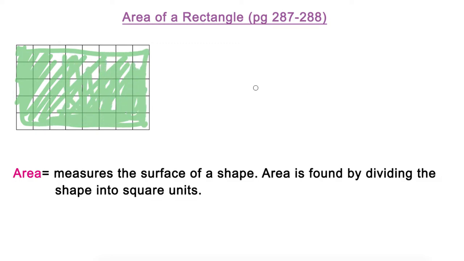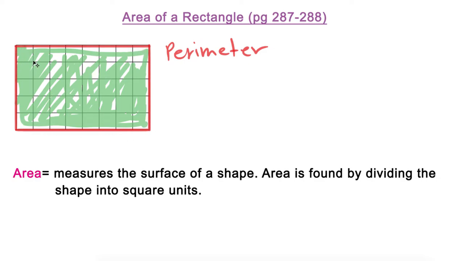This is really different from perimeter. If you remember, the perimeter measures the distance around my shape here. So this red part is the perimeter. If you recall my example from the last lesson, if I want to build a fence around my house, I would use perimeter.